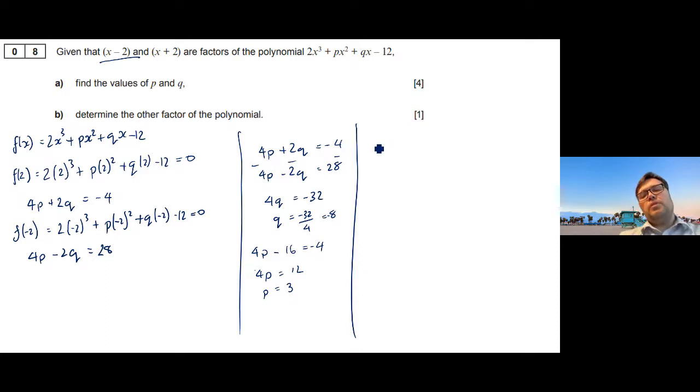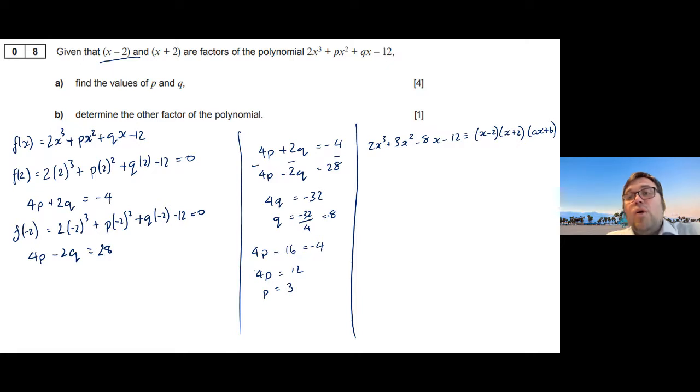So this polynomial, 2x cubed plus, so I worked out p is 3, 3x squared, and I worked out q is minus 8x minus 12 is equivalent to x minus 2, x plus 2, then ax plus b. That's that last factor, which we don't know.